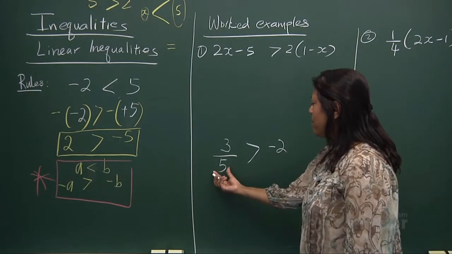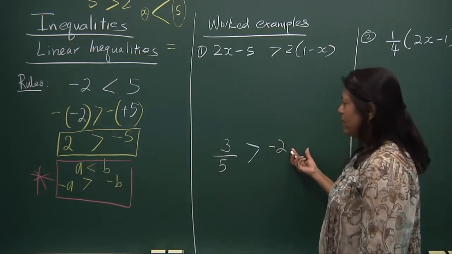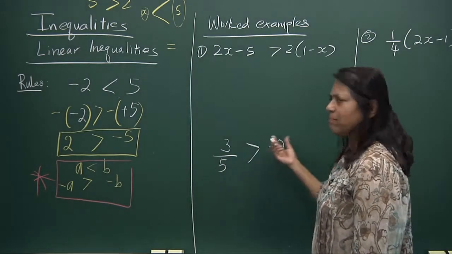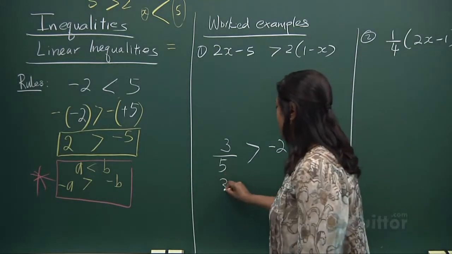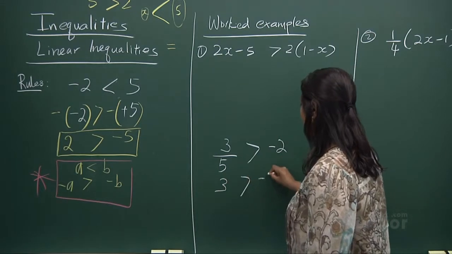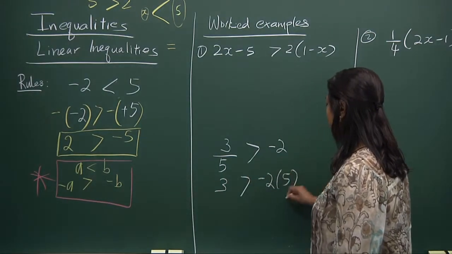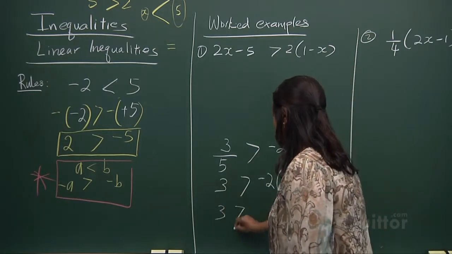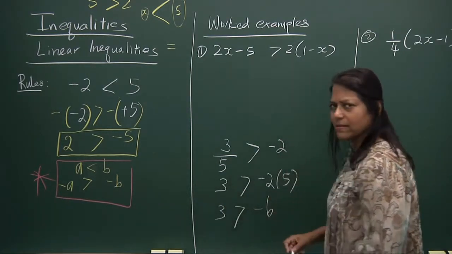Of course, when I bring the 5 over, it's just a change, just move it. Divide becomes a times. So I say 3 is bigger than minus 2 times 5. 2 times minus 5 is a minus 10. So you say that 3 is bigger than minus 10.